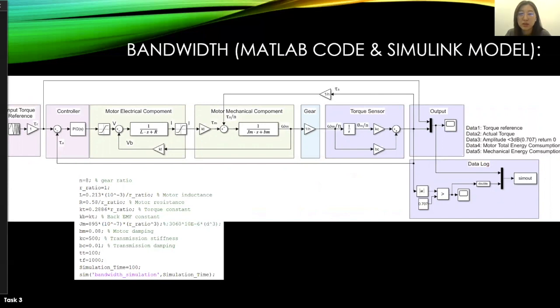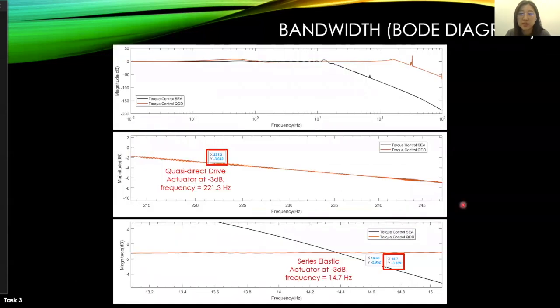Looking at the result from the Bode diagram, for the quasi-direct drive, at -3 decibels, the frequency is about 221.3 hertz. And at the same -3 decibels for the series elastic actuator, the frequency is only about 14.7 hertz.